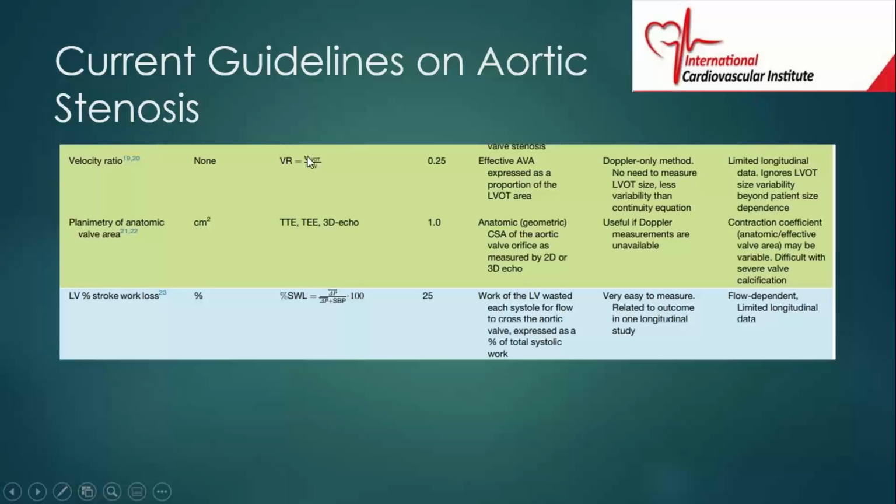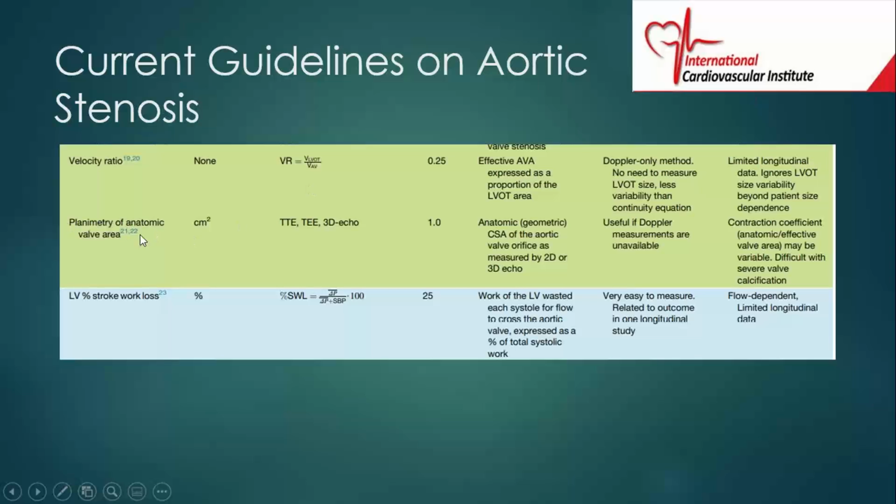You can use the LVOT VTI over the aortic valve VTI, and the VTI again is going to give you a more accurate assessment, but you can use the velocity. So that is the VTI across the LVOT divided by the VTI across the aortic valve. If it's less than 0.25, it suggests severe aortic stenosis. You can use the velocity as well, but it should be the VTI.